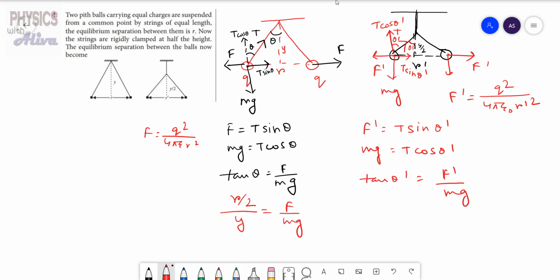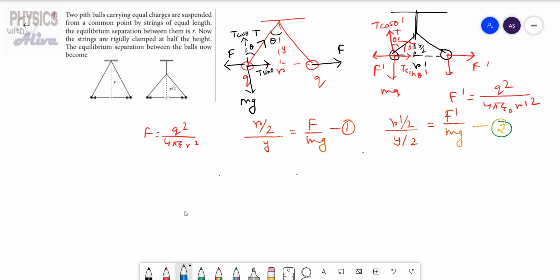In the second diagram, the perpendicular is r dash by 2 and the base is y by 2, as the half of the string is clamped, right? That is F dash by mg. This is our first equation and this is our second equation.